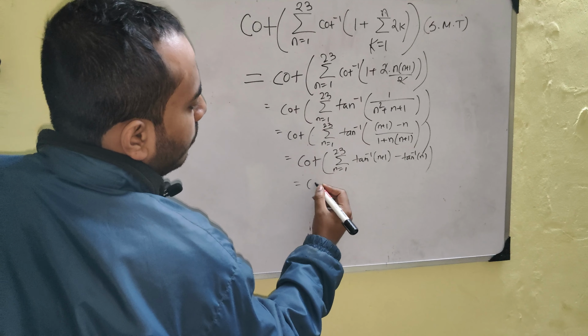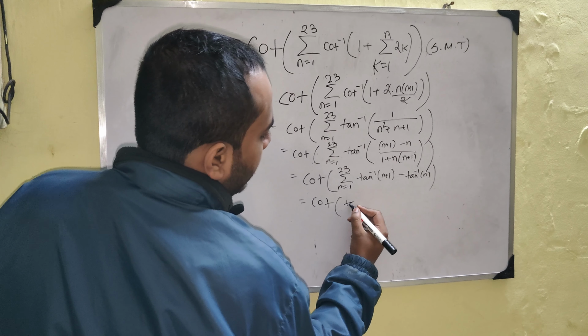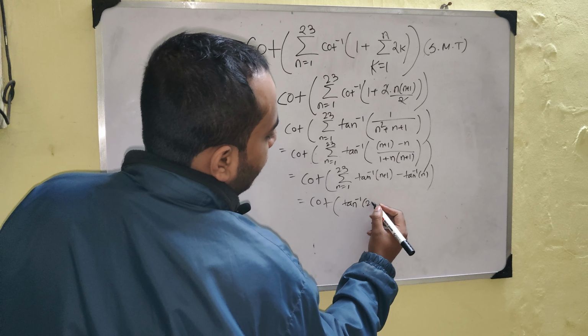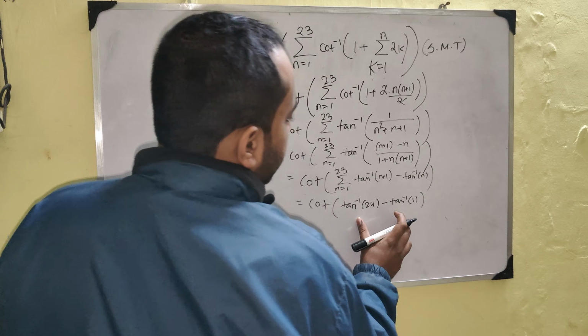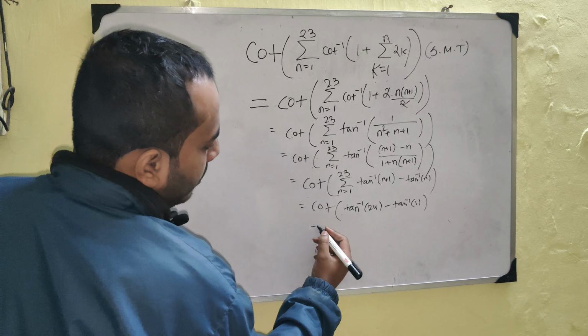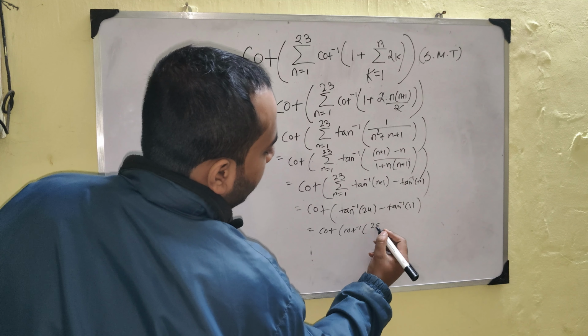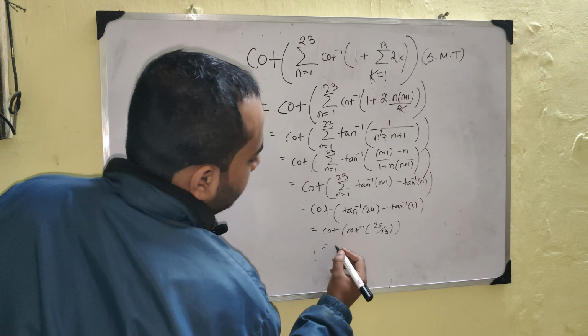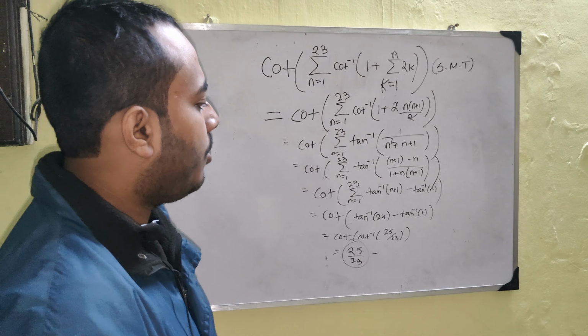Now this would obviously cancel off and you would be left with tan inverse of 24 minus tan inverse of 1. You can simply calculate this and make this a cot, which would simply give you cot inverse of 25 by 23. The answer is 25 by 23, and therefore we have completed the problem.